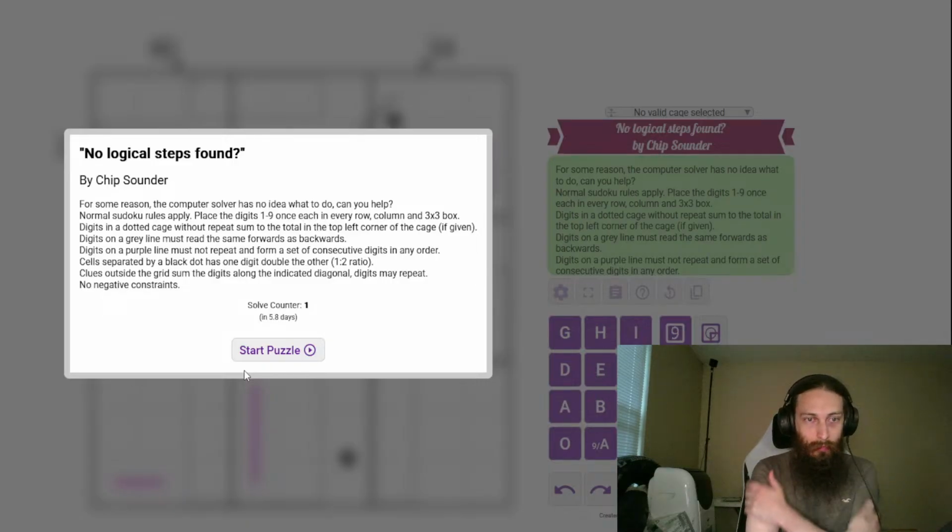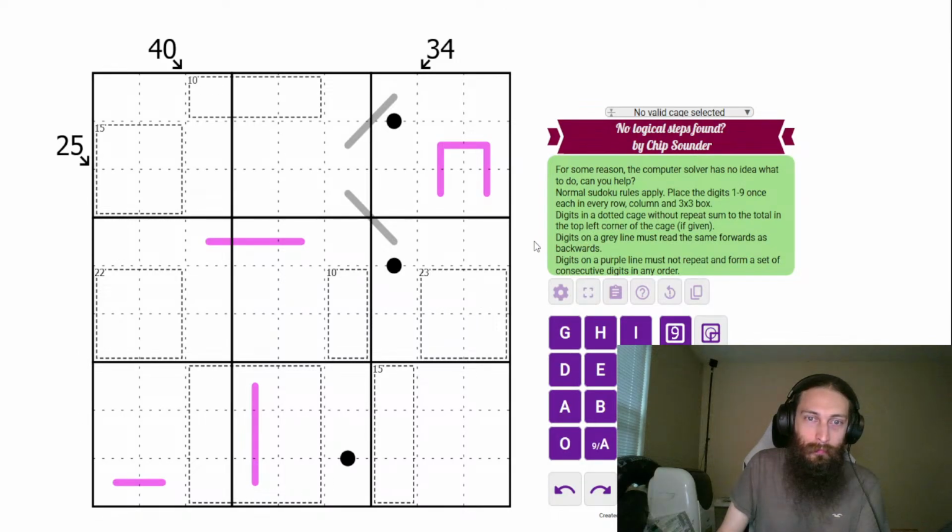Digits on a gray line must read the same forwards as backwards. Digits on a purple line must not repeat and form a set of consecutive digits in any order. Cells separated by a black dot have one digit double the other, 1 to 2 ratio. Clues outside the grid sum the digits along the indicated diagonal. Digits may repeat, and no negative constraints.